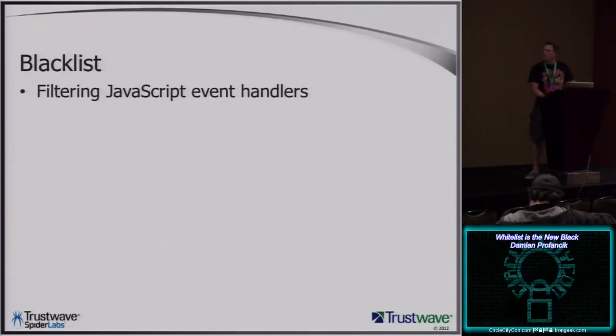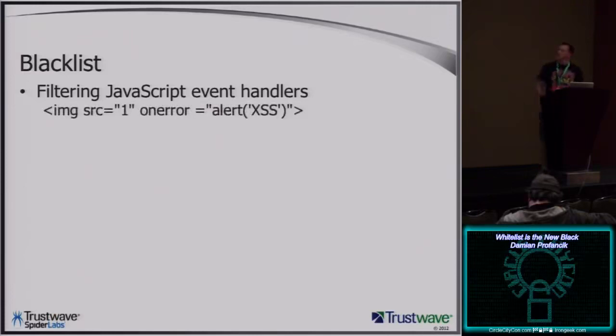They may be filtering out event handlers. So let's say the WAF is looking for a lot of the common ones, onmouseover, or onerror, or onload. They're looking for things like that. What I've seen in the past sometimes work is JavaScript will accept a space between your event handler and the equal sign. They may be looking for event handler and an equal sign, that and drop it.